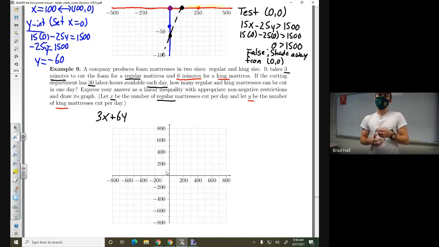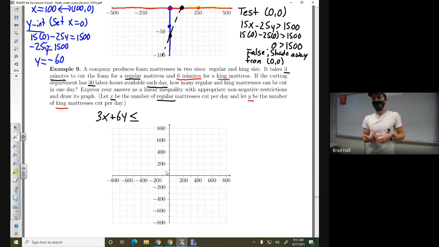The inequality symbol that we use, and this one's probably the more difficult of the word problems here, they have at the most 30 hours available for labor hours available. So the max number of labor hours, as they call it, is 30. I'm using less than or equal to, because for this 3x plus 6y, it cannot exceed the 30 hours.